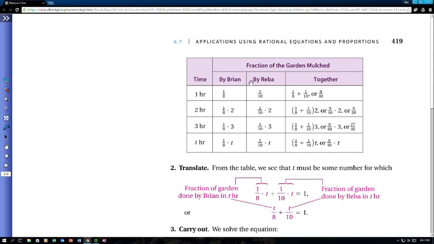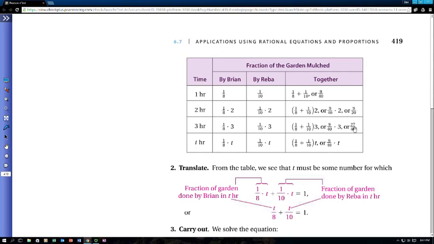This is a very nice table to look at. If in 1 hour Brian does 1/8 and Reba does 1/10, you get 9/40ths. What happens in 2 hours? We get 9/20ths.